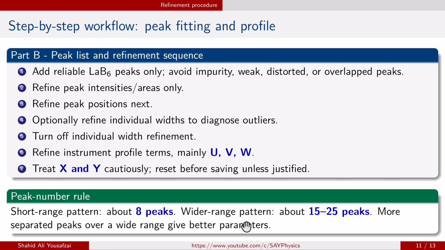After this diagnostic check, individual width refinement should be turned off. We then refine the global instrument profile terms, mainly U, V, and W. For a short-range pattern, about 8 reliable peaks may be enough for a demonstration. For a wider and stronger calibration, 15 to 25 well-separated peaks over a broad angular range are better.